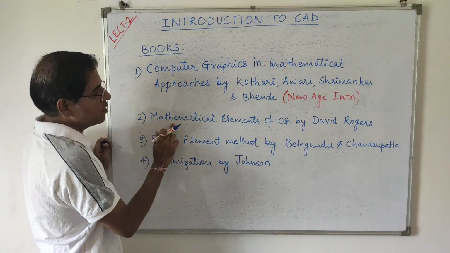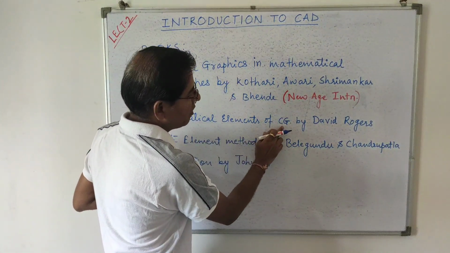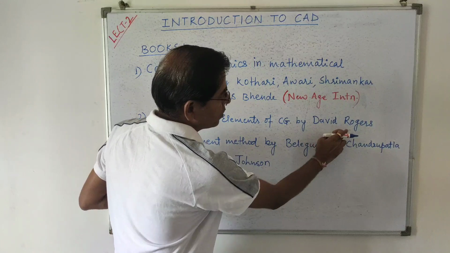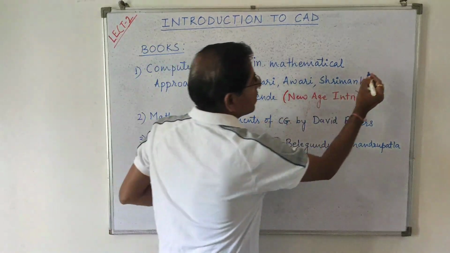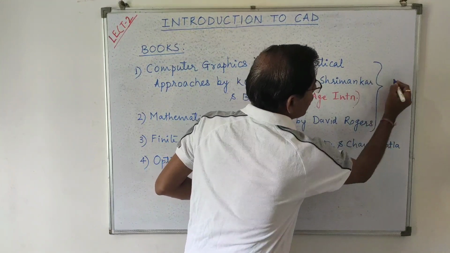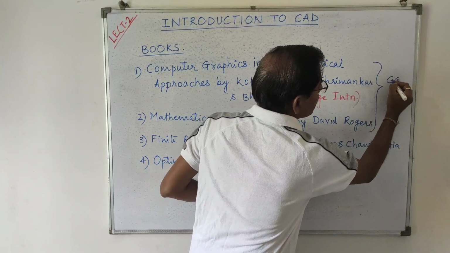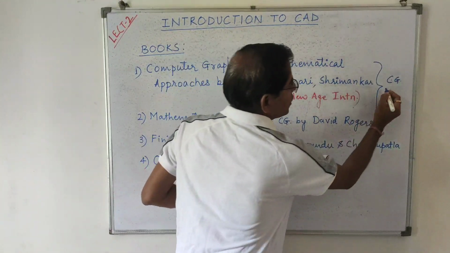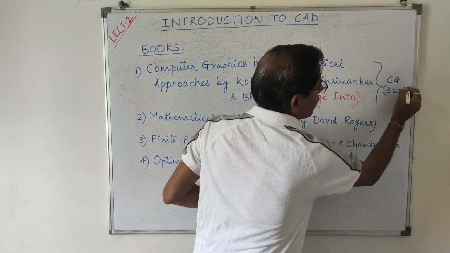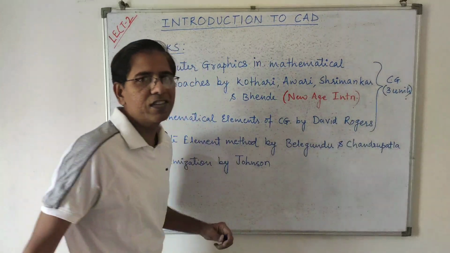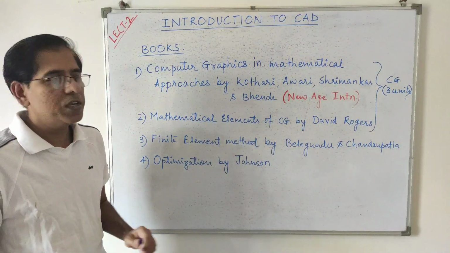Then the second is Mathematical Elements of Computer Graphics by David Rogers. So both these books, first and second, are useful for computer graphics, which is nothing but the first 3 units of the syllabus. Okay.